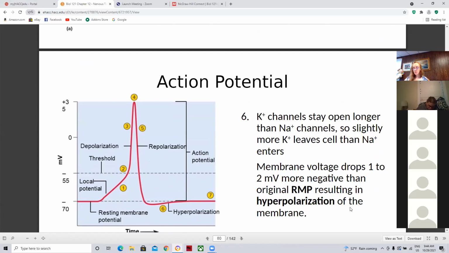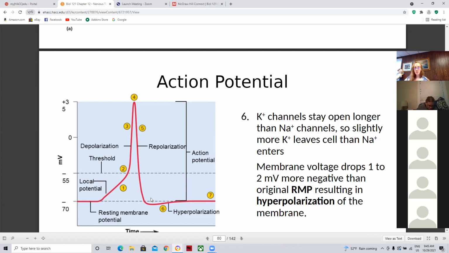The potassium channels are slower to open and they're slower to close. So the potassium channels are going to stay open longer than the sodium channels, and more potassium is going to leave the cell than sodium enters.